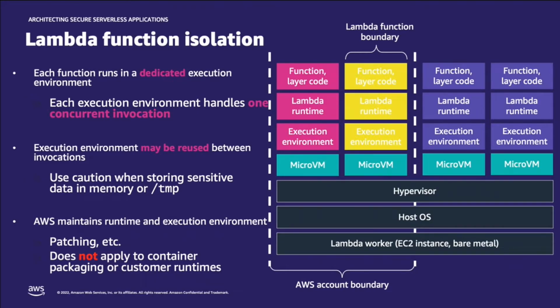And micro VMs are never shared across AWS accounts. This is really important to remember because there are multiple layers of isolation: the micro VM, the execution environment, the host itself, the Lambda function, and so on and so forth. So that's why this environment is super secure, right?